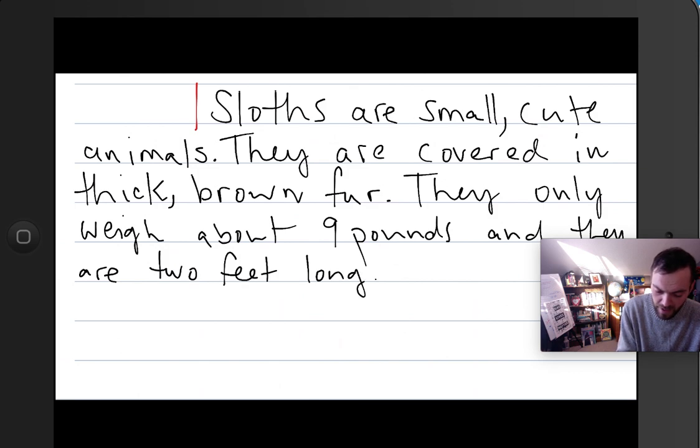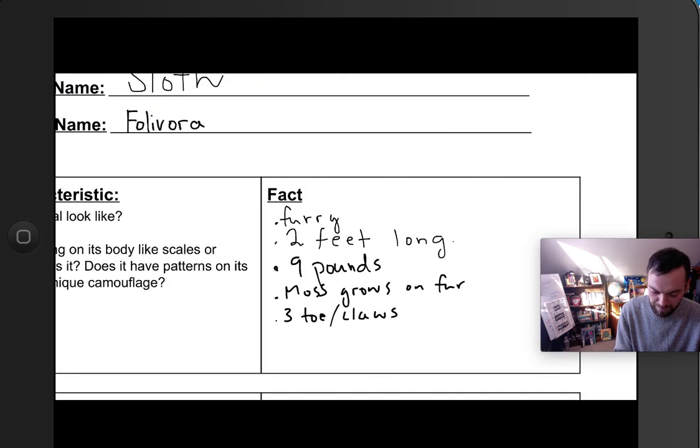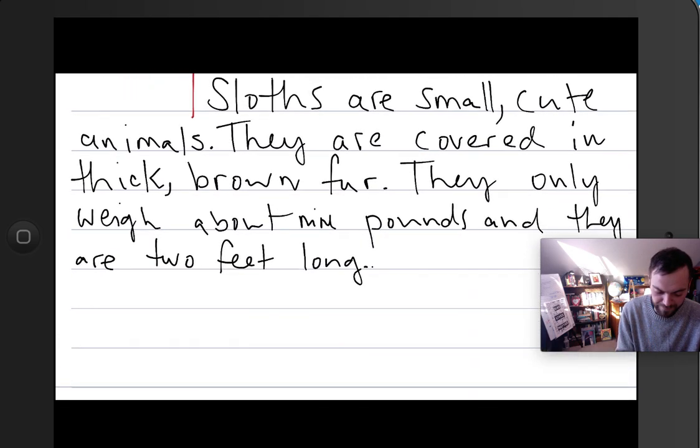Usually when we're writing smaller words like this, we write out the whole number. We don't just write a number. So I'm going to do that. Say nine pounds. And they're two feet long. Okay. And they have three toes on each foot.